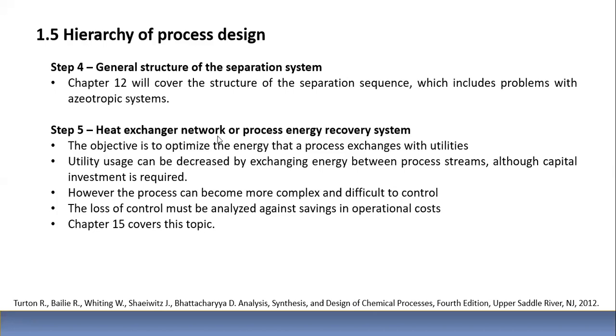Dice, the objective is to optimize the energy that a process exchanges with utilities. Utility usage can be decreased by exchanging energy between process streams, although capital investment is required.